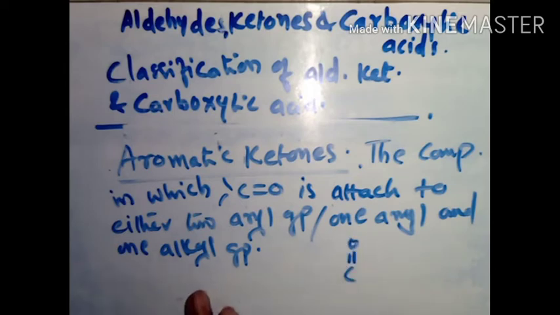Now we can take the example of the ketonic functional group. According to the definition, the compound in which a carbonyl group is attached to two aryl groups, so for two aryl groups we can take two benzene nuclei. This one is the first, attached to the carbonyl carbon, and this one is the second. So the name of this compound is diphenyl ketone.